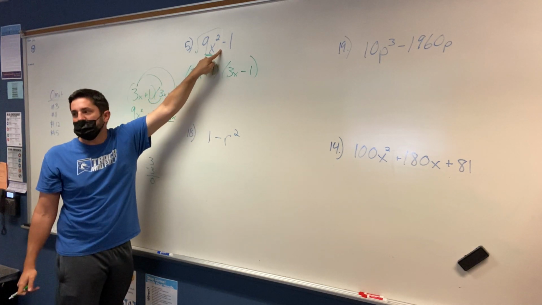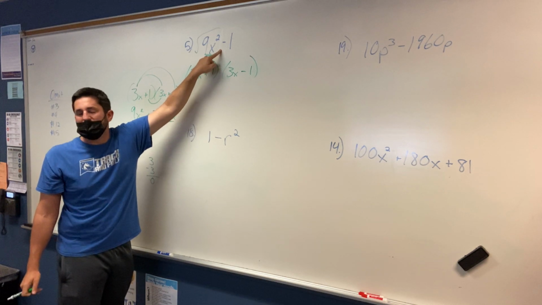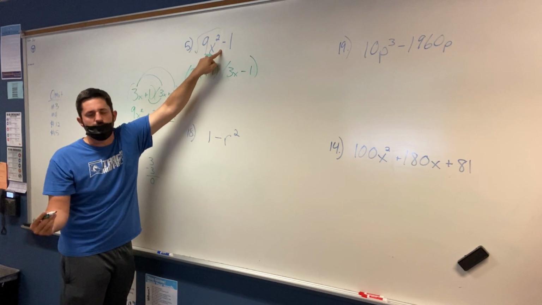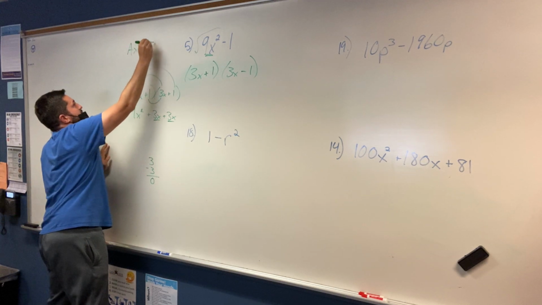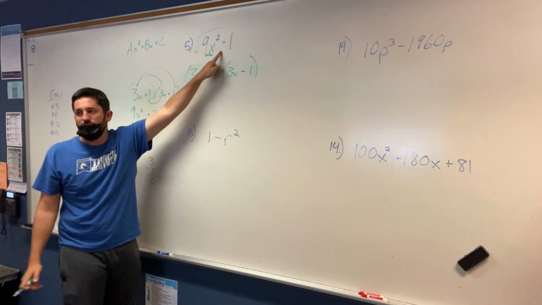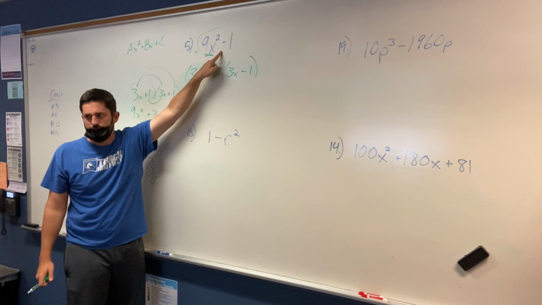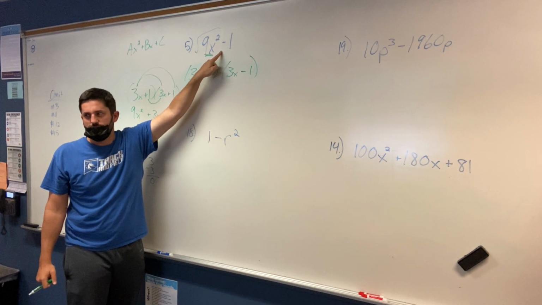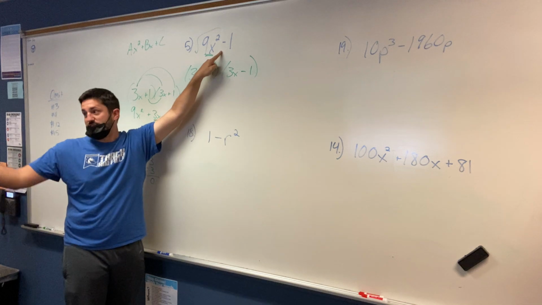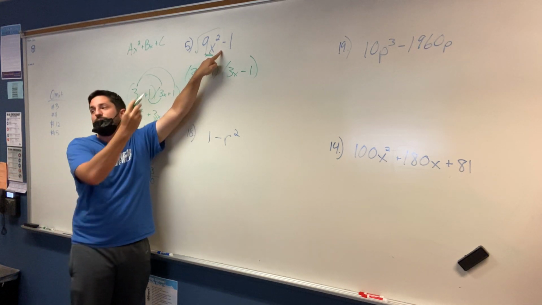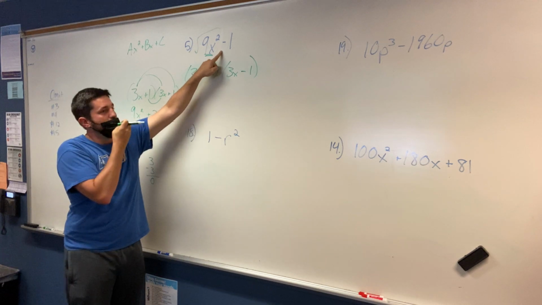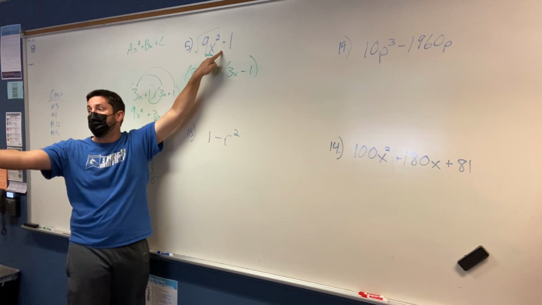I am pointing right now, it might look a little crazy, but right now I am pointing at the middle term. ax squared plus bx plus c. I am pointing right now at the letter b. Do you see it? No, why is it not there? This is Coach B, but I'm pointing at b. There's no x. Why is there no x?